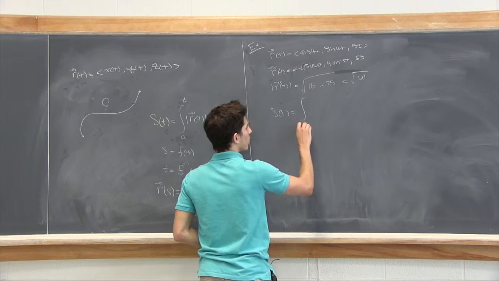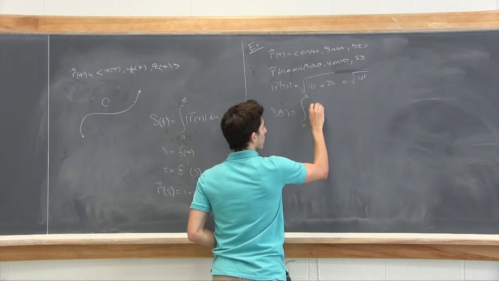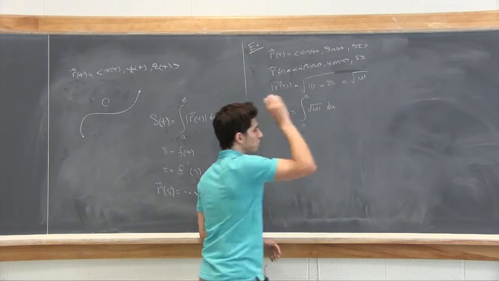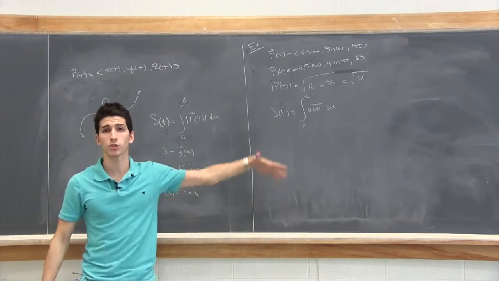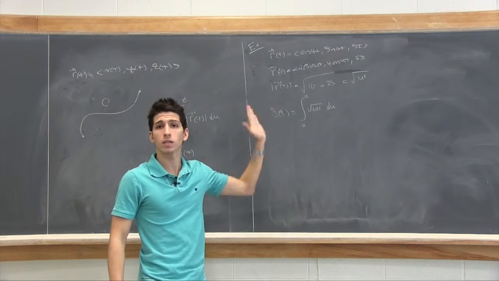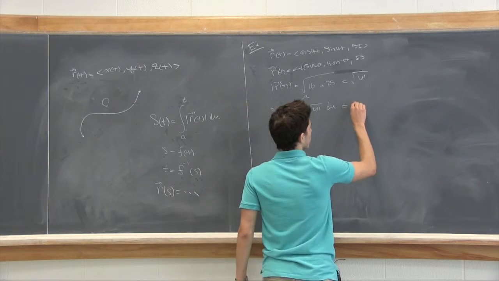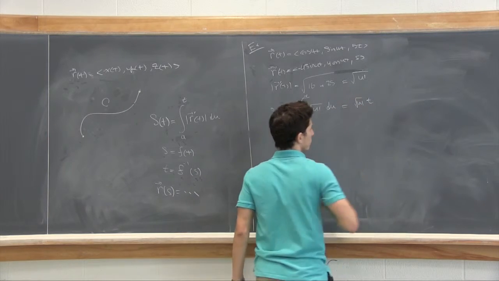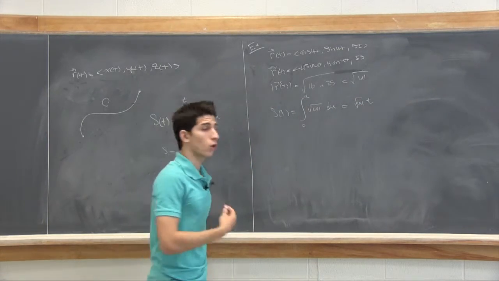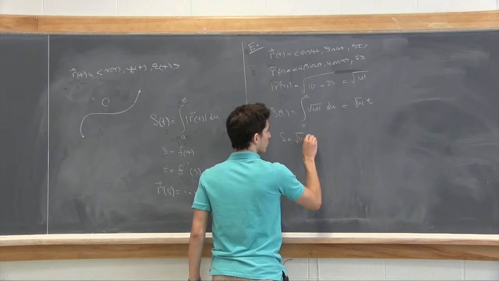We're going to do it by integrating from 0 to some time t of root 41 du, because I can't use t as the variable of integration since t is one of my bounds, so I use some other variable. This is just going to be root 41 t. So s is equal to root 41 times t.